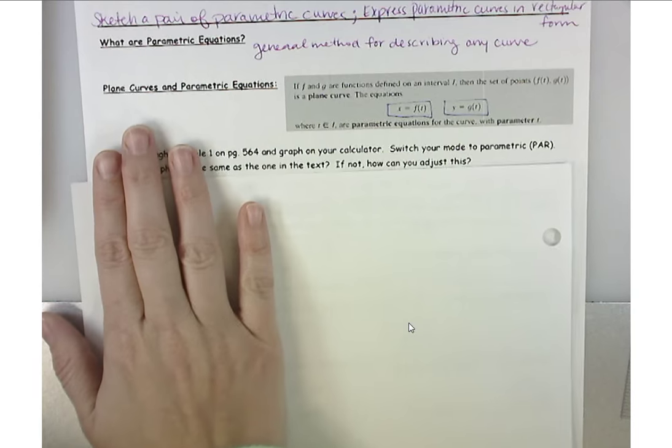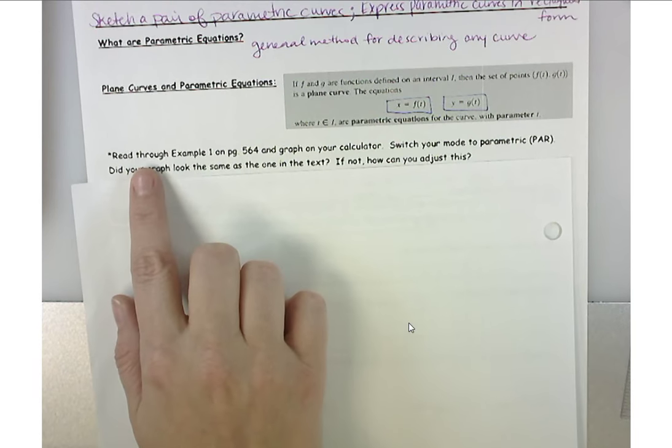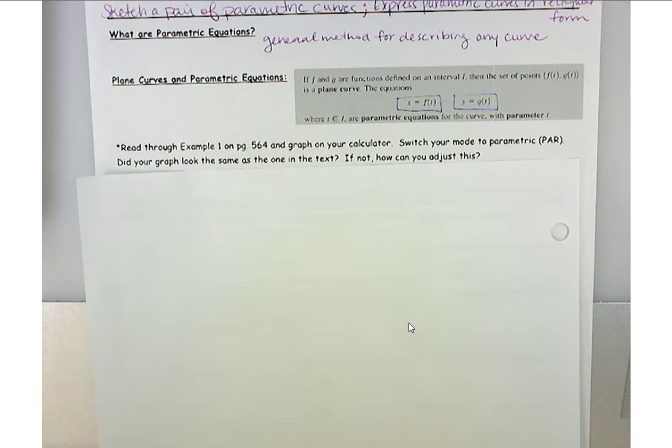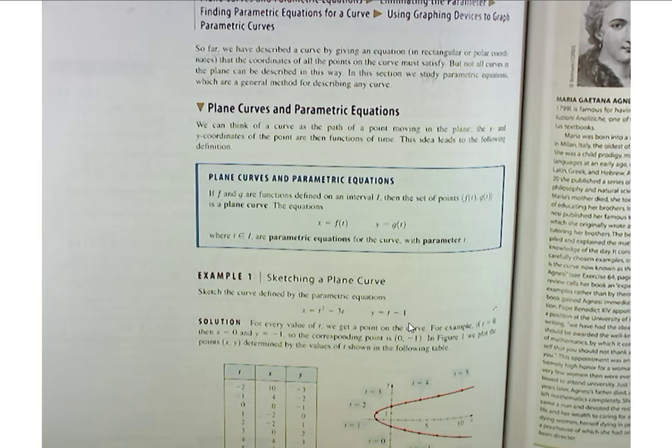The first thing we're going to do is read through example 1 on page 564. We're actually going to do a little bit of reading before that. The part up here just explains what I told you.